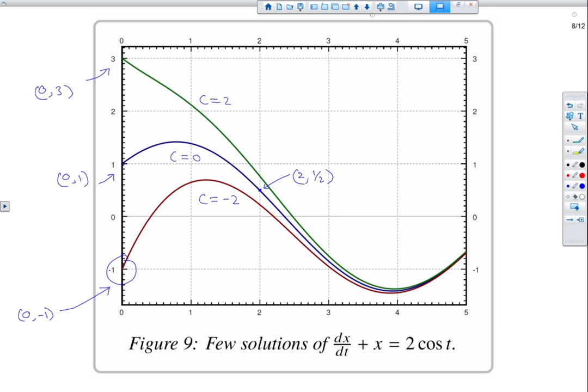So I want to warn you. If you have a differential equation, the solution is not unique. So that means if I say solve a differential equation, that means find all the solutions. That's what it means.